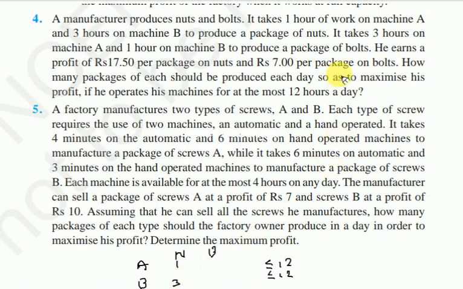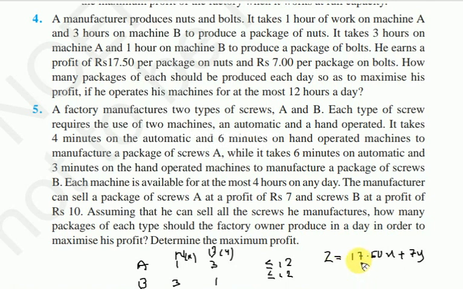And for bolts, it will be 3 hours on A and 1 hour on B, and this objective function Z is equal to, so if you consider nuts as x and bolts as y, then for nuts you have 17.50 x plus 7y, very simple.